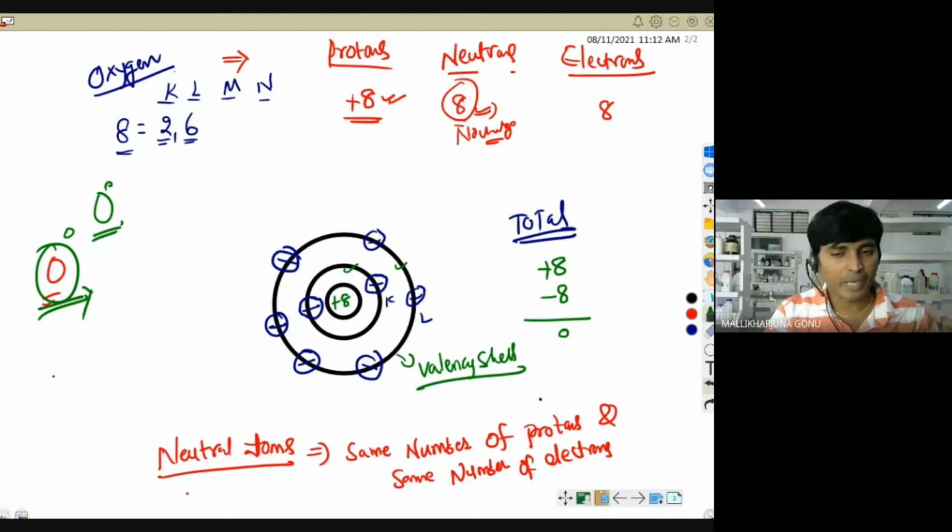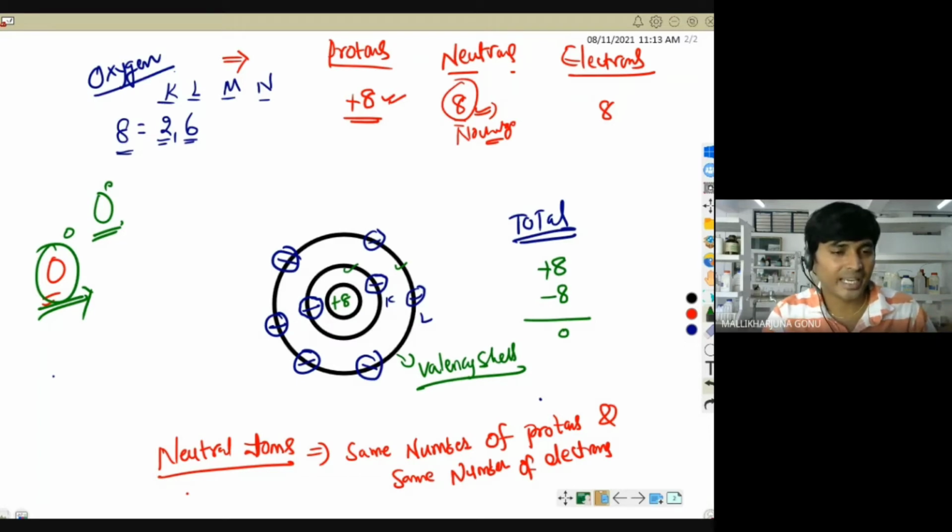If it is nearby 2, that is also possible. 2 is also a noble gas configuration, which is basically neutral. So 2 or 8: any element keeping 2 or 8 electrons in the outermost shell will be stable.